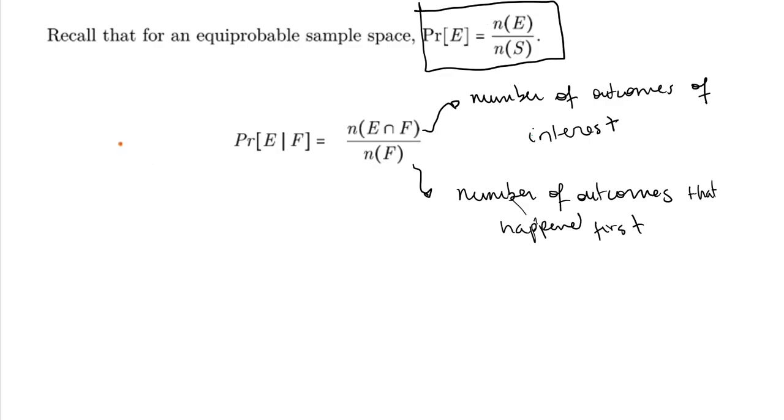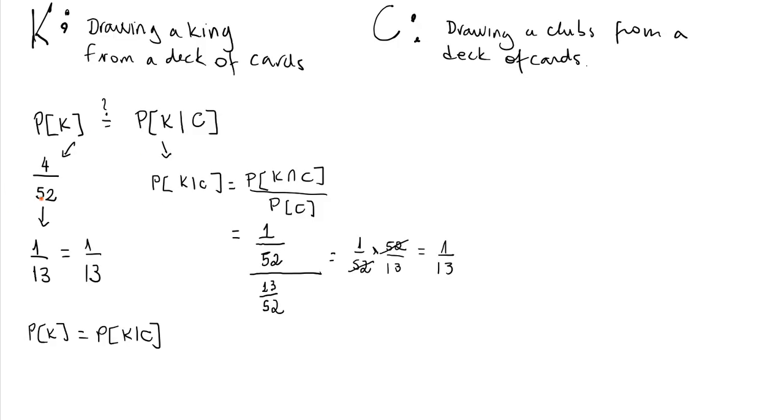So this is the first way to calculate this conditional probability, using the definition. The second way, which is good so that we can apply the counting problems, is to do P of K given C. Because we are in an equiprobable sample space, this is the number of things of interest.